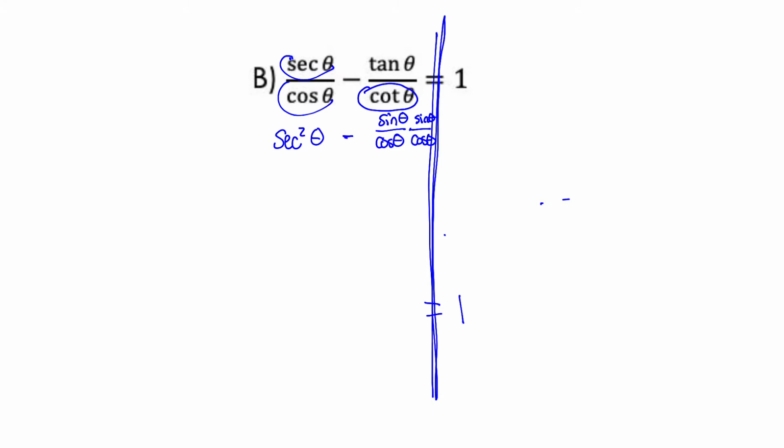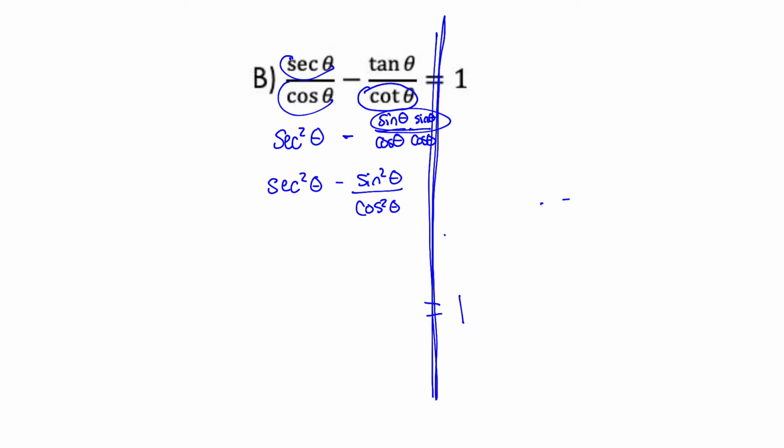And it's a minus sign in between. So I'm just going to leave this as secant squared, minus. Now I have a sine and a sine in the numerator, so that becomes sine squared. In the denominator, I have cosine squared, because there were 2 of them.